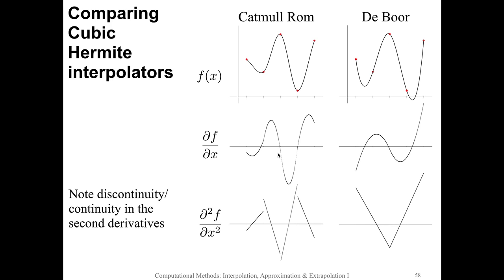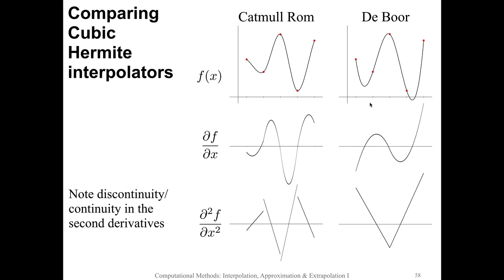And then we can carry on with that, and we can look at the second derivatives of each of these. So this is the second derivative of this function, or in other words, this is the gradient of the first derivative, and likewise this is the second derivative of the De-Boor interpolator.